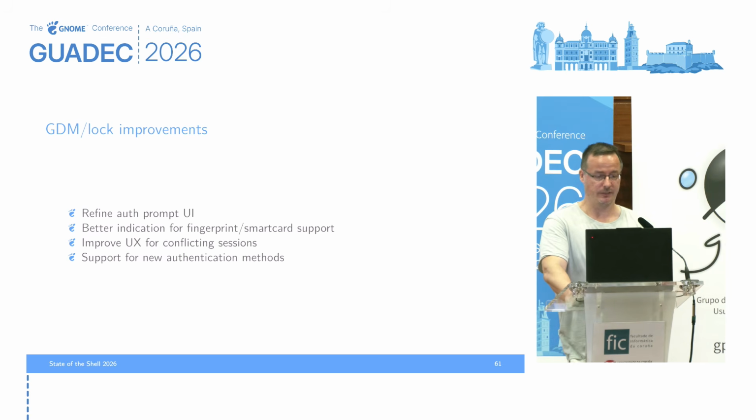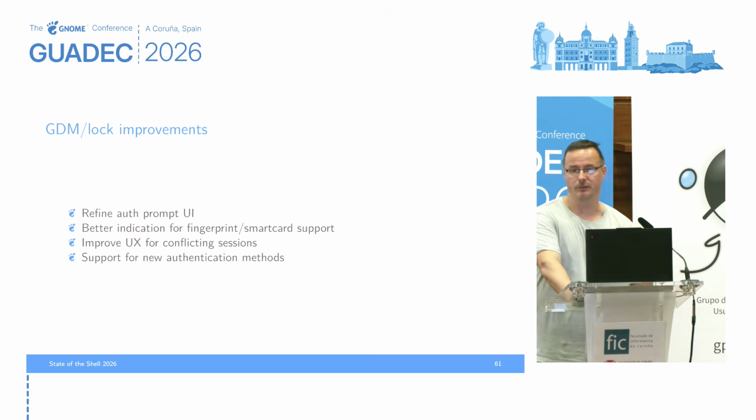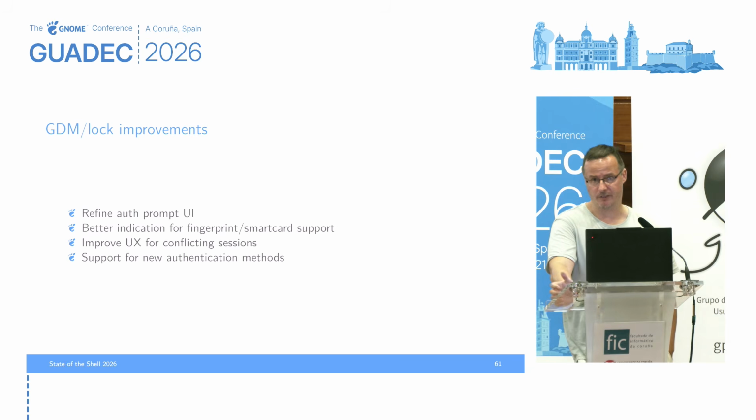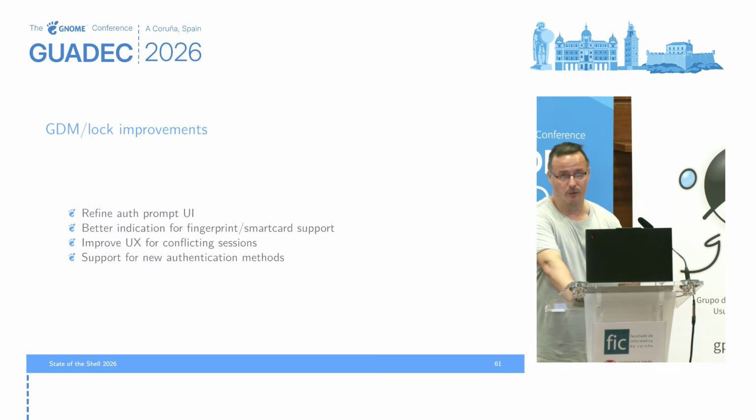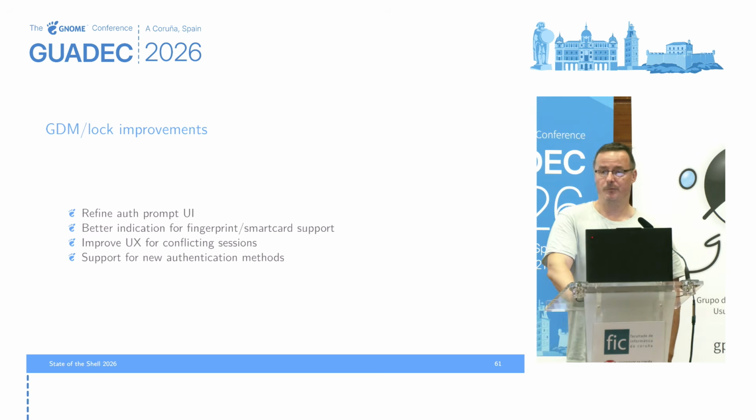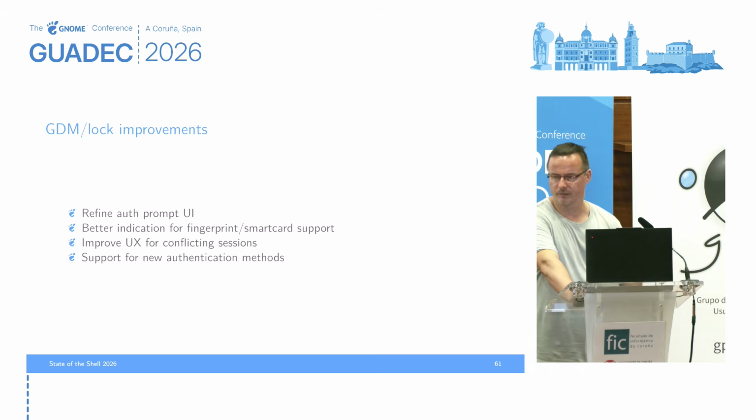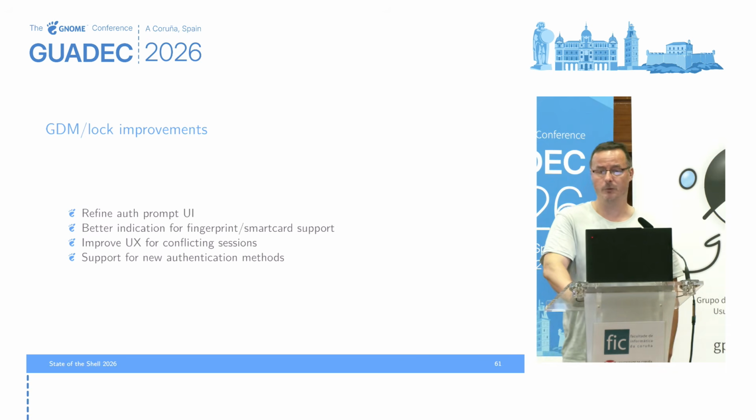And importantly, more support for different authentication methods. Apart from the classical password, fingerprints, and smart cards, there is also support for passkeys or web login. For details, John had a dedicated talk about this yesterday, so you can check it out on YouTube when it's available.